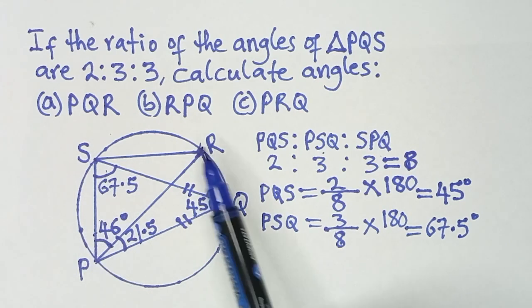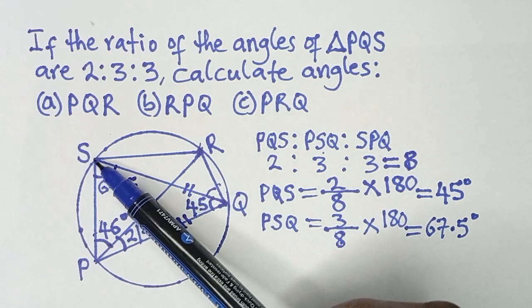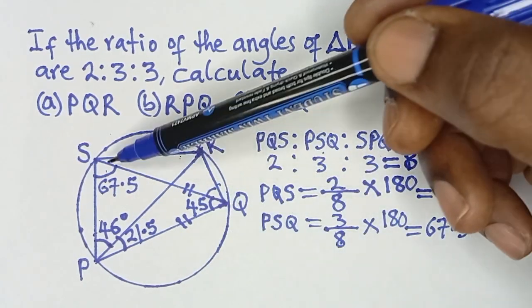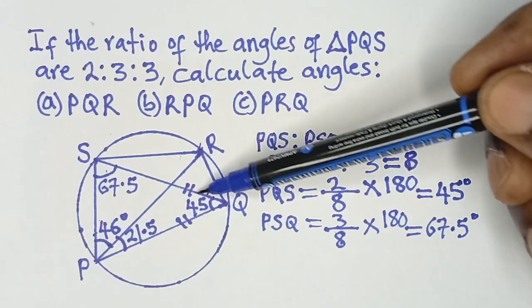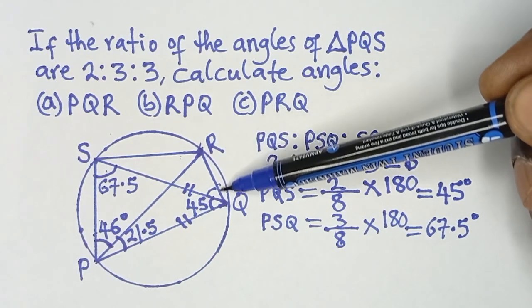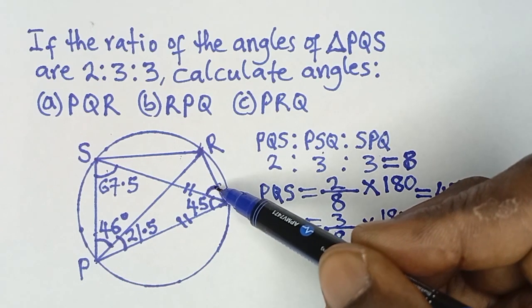The two of them form this 46 degree here. So in the same way, from the same points S and R, we have another two lines now. Watch them. This line coming to Q here at the circumference, and this line from R coming to Q at the circumference. The two of them form this angle.